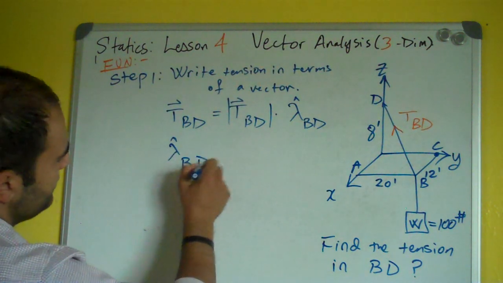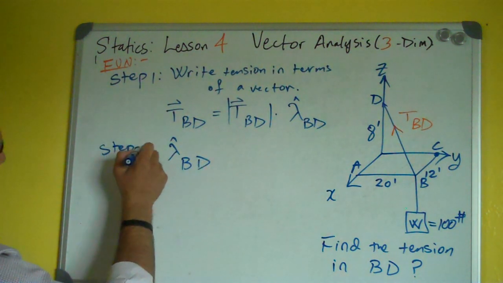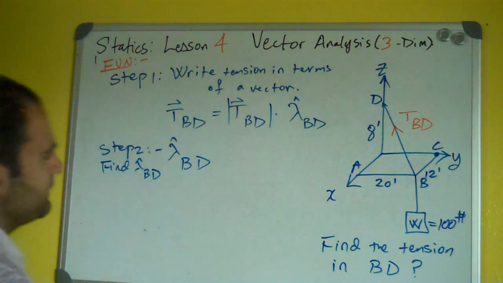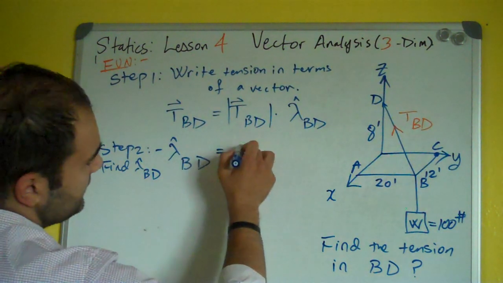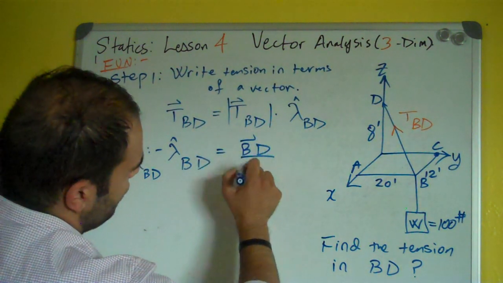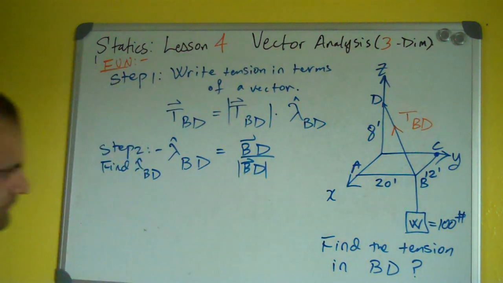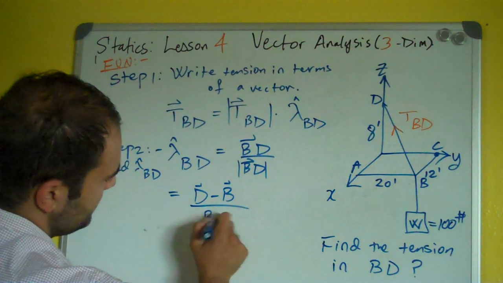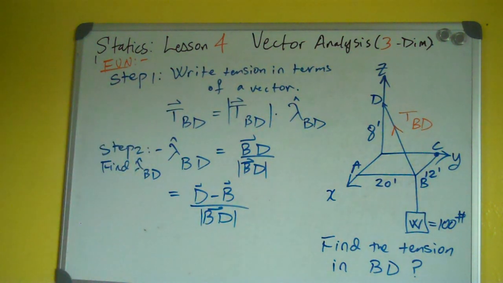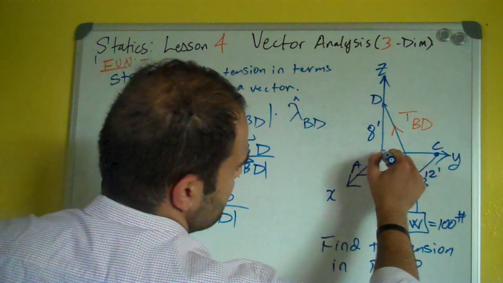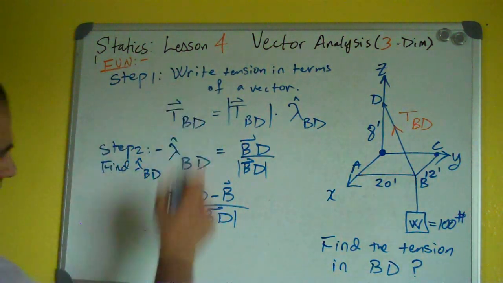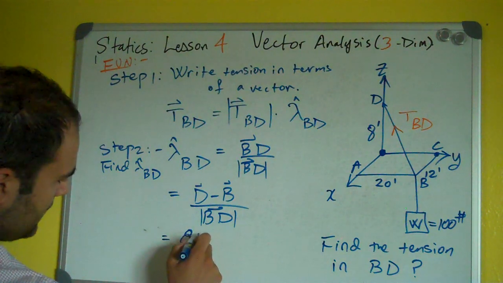Lambda BD, if you want to say step 2, find lambda BD. Lambda BD is BD over BD as a vector, which equals D minus B over BD as a magnitude. D is 8. This is your baseline, your reference. D is 8 in the K hat.